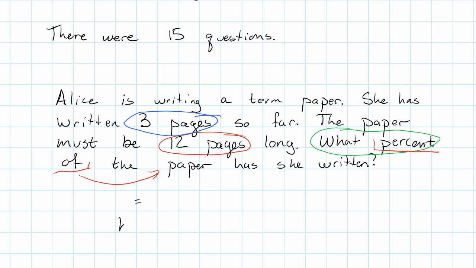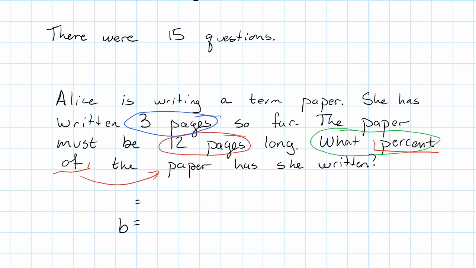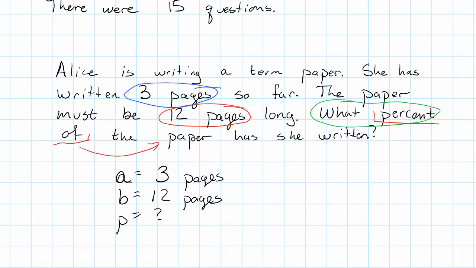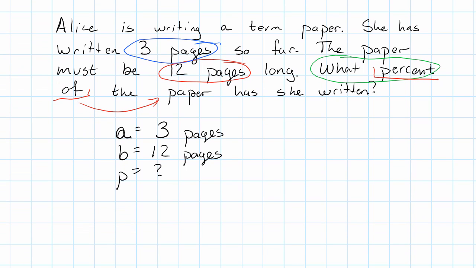So when we go through and find A, B, and P, we see that the portion is 3 pages. The base is 12 pages, and the percent is what we're looking for.